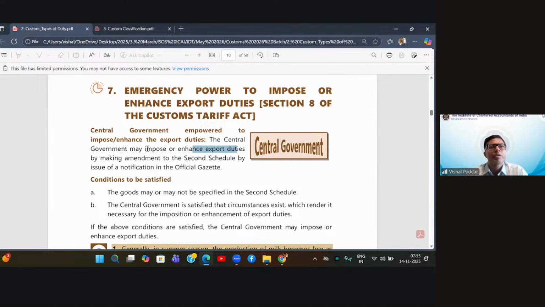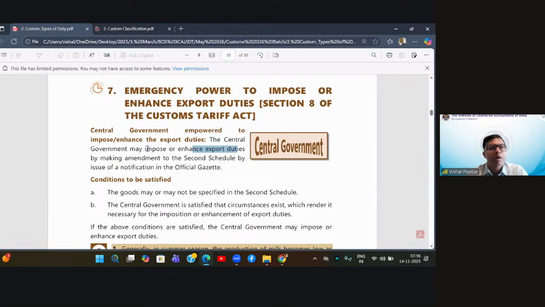How? By imposing some extra duties. How will that be done? Because the power is with the parliament, because you have to amend the act. So, to provide an emergency power to the government, that until the parliament comes into operation, the government should have the power to do this.